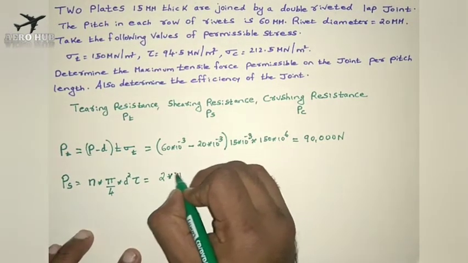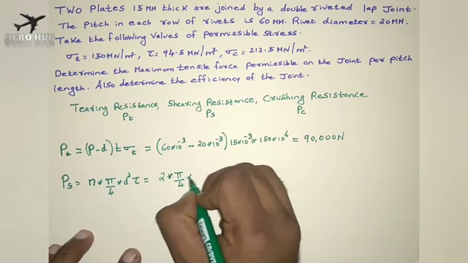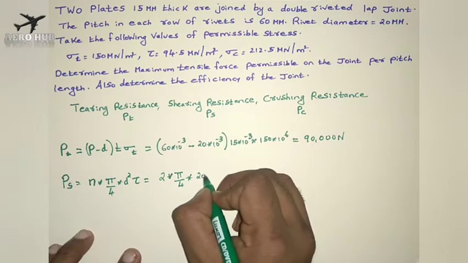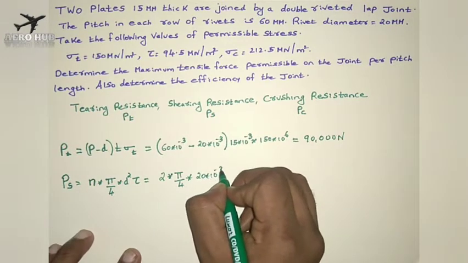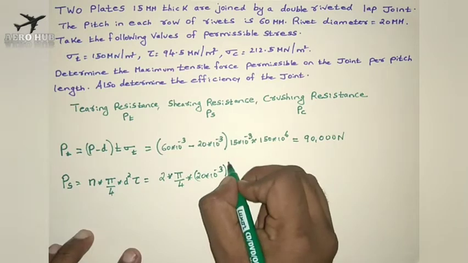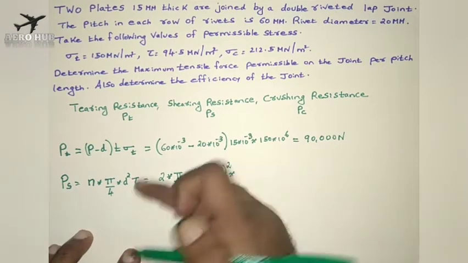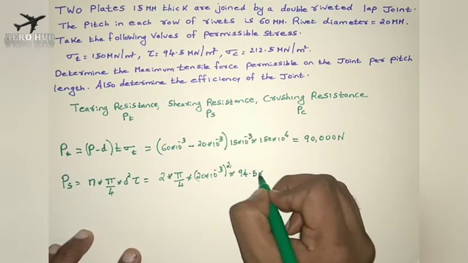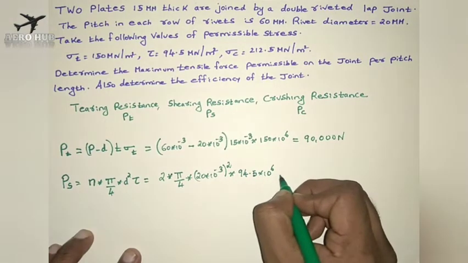Okay, 2 into pi by 4 into the value of D, the diameter, which is 20 millimeter. I'll convert into meter, 20 into 10 power minus 3 the whole square, and the value of tau is 94.5 into 10 power 6.